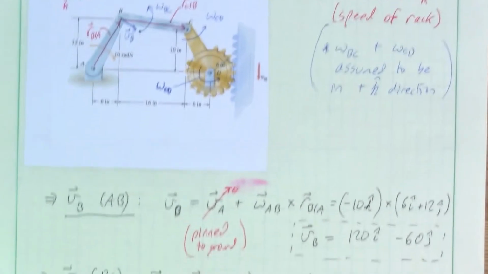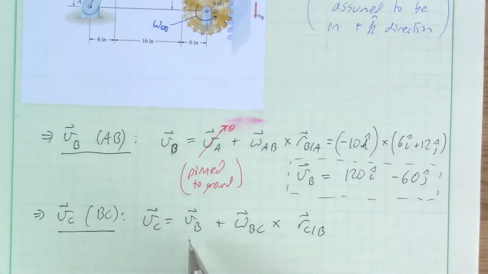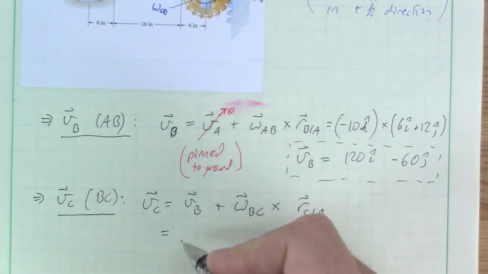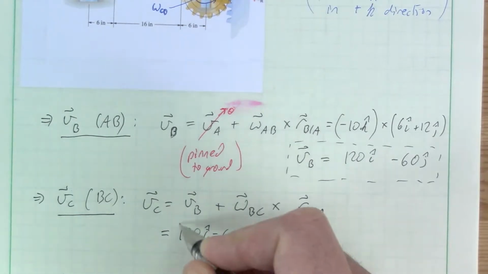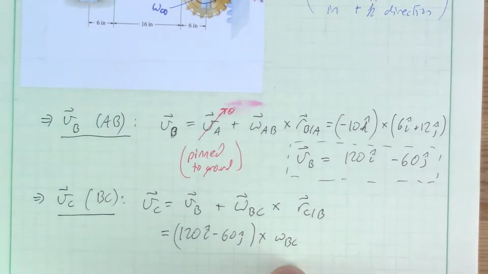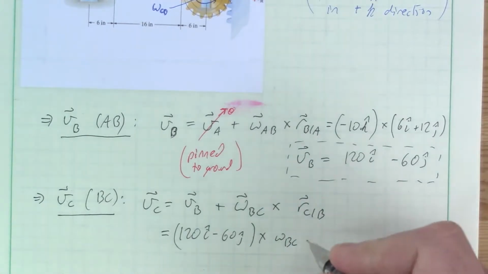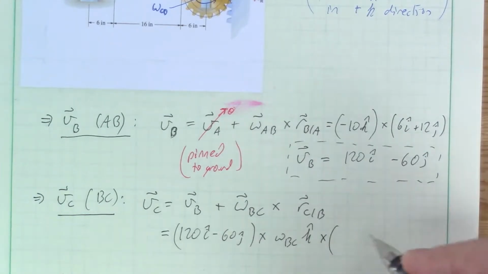Okay, and then we do pretty much the same thing we did up here, except this is not 0 anymore. So this is going to be not 0 for the B. This is 120 i hat minus 60 j hat crossed into omega BC. That is not known, k hat, and that's why we assume it's in the positive k hat direction, just for consistency here.